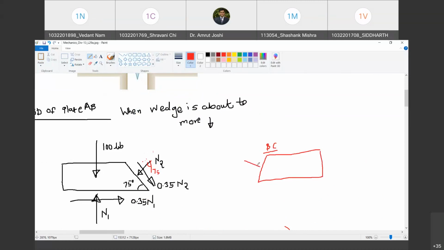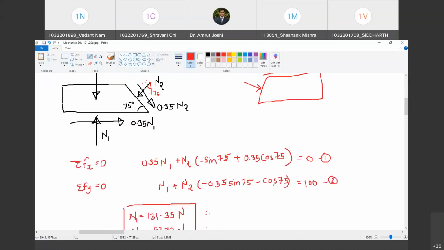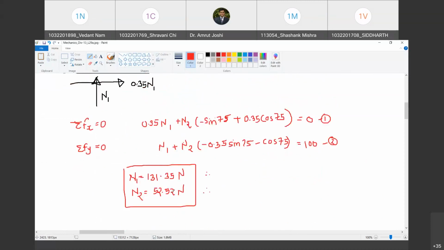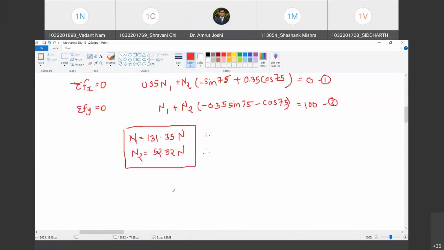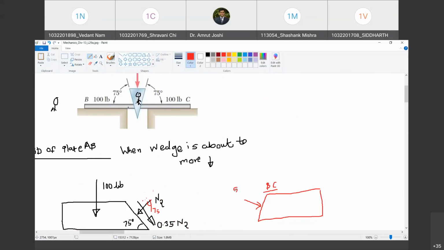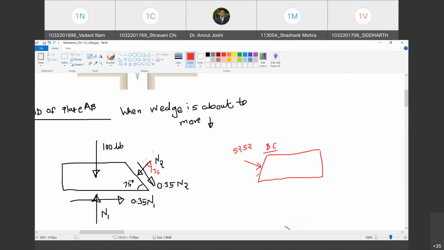And this will be how much? 52.52. And this will be how much? 0.35 into 52.52.